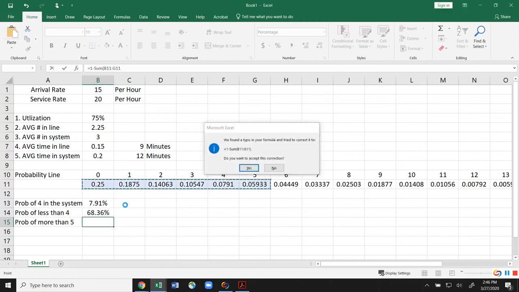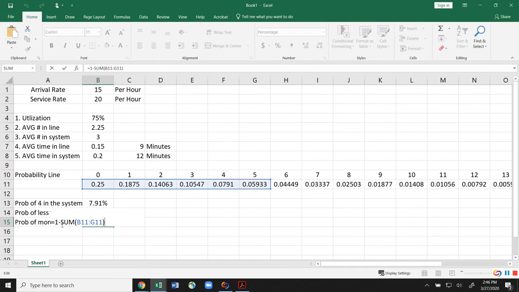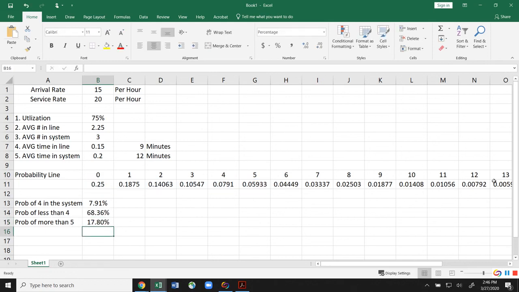All right, I'll click on that so you can see it again, 17.80. So that's 1 minus the sum of all of these is the same thing as from here all the way to infinity. All right, so you just have to think of it exact opposite. So we'll do one more, the probability of 2 or more. So that's really asking what's the probability of 2 all the way to infinity this way.